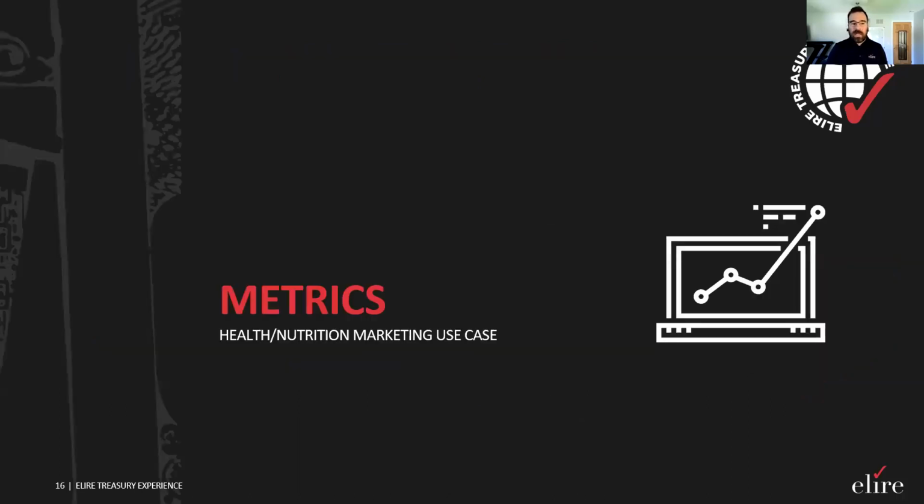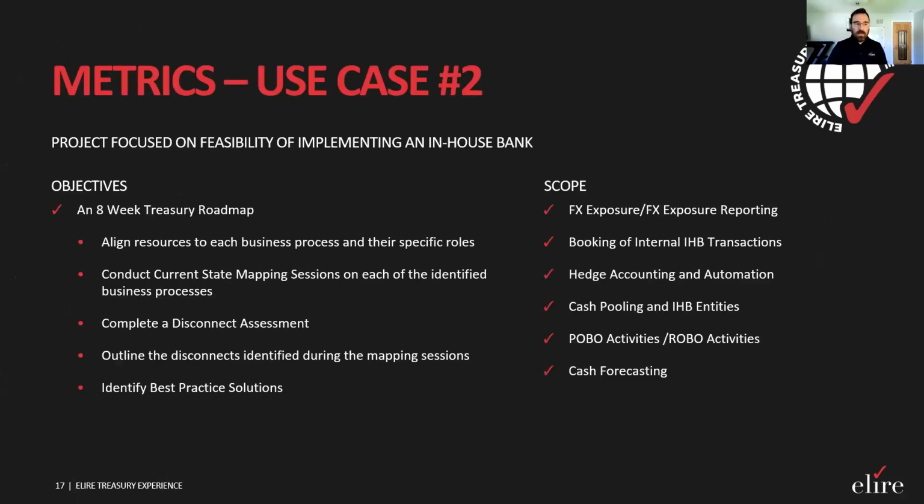So one of my favorite topics or enablers, I guess, is metrics. And so a health, nutrition, marketing use case that I have here. This started out primarily as a project that focused on the feasibility of implementing an in-house bank. The objectives consisted of an 8-week roadmap.